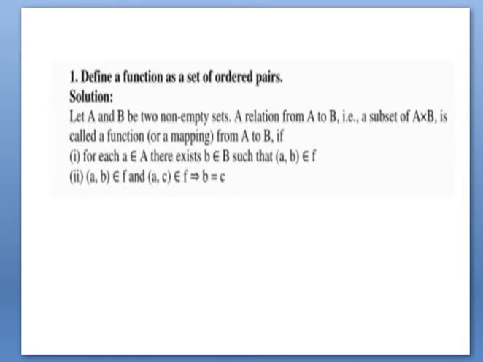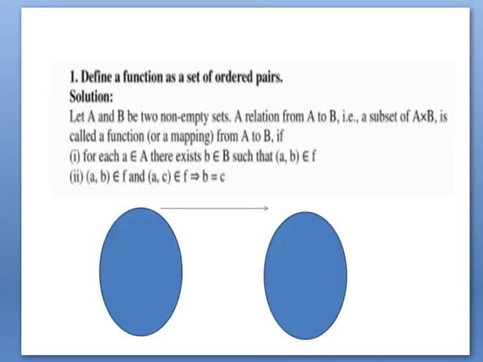Okay, so let's draw the graph. Here I have two sets. On the left hand side is set A and on the right hand side is set B. Now the function is from set A to set B.